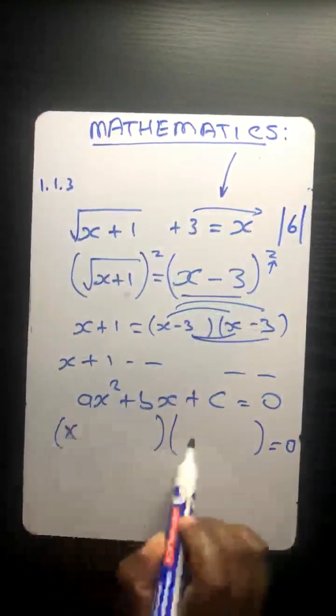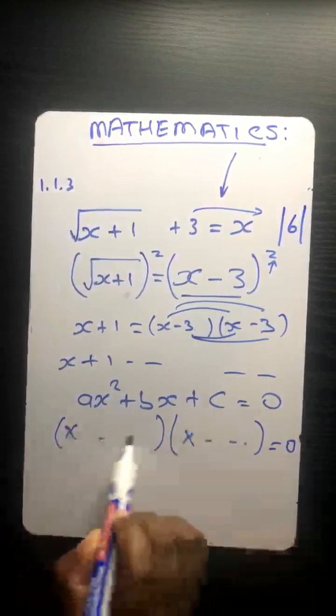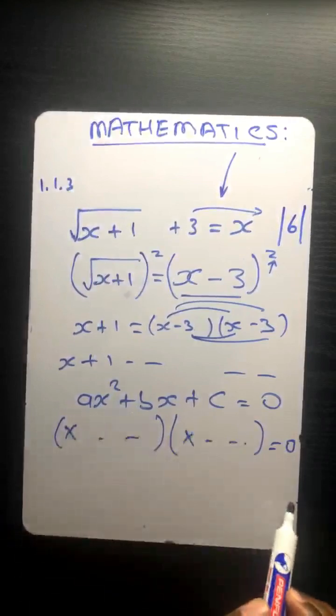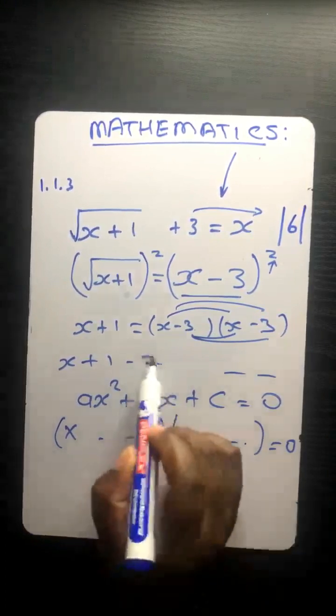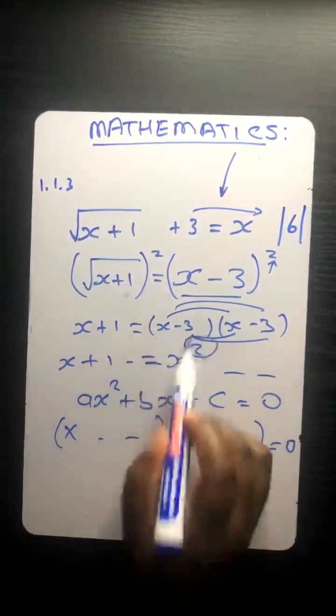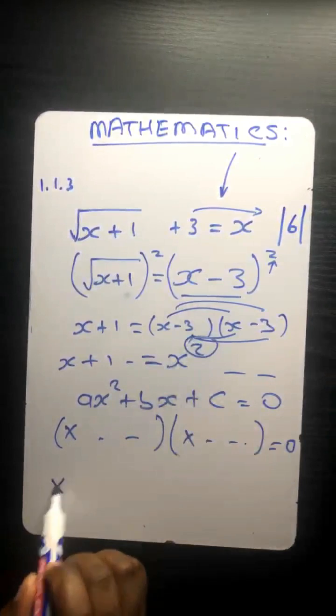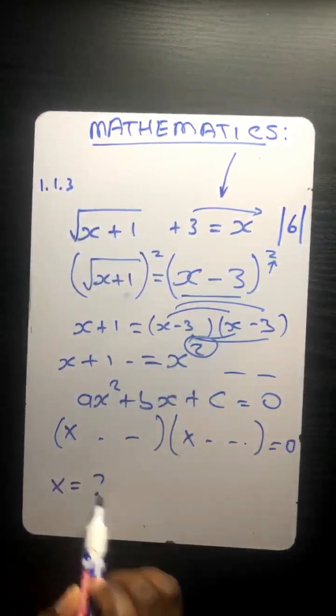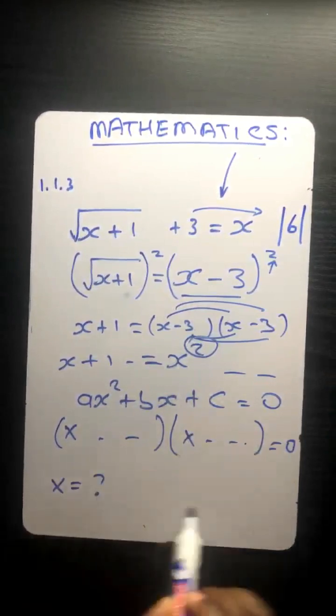Then, once you find the factors, because it is a quadratic equation, you are obviously going to have two answers. So that means you're going to say x is equal to whatever, or x is equal to whatever.